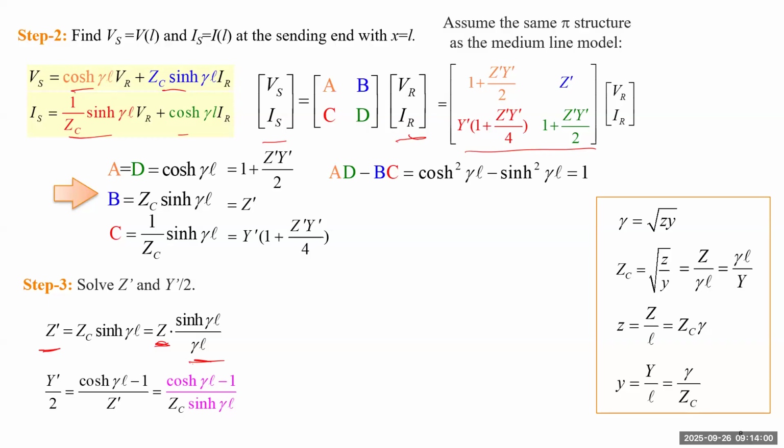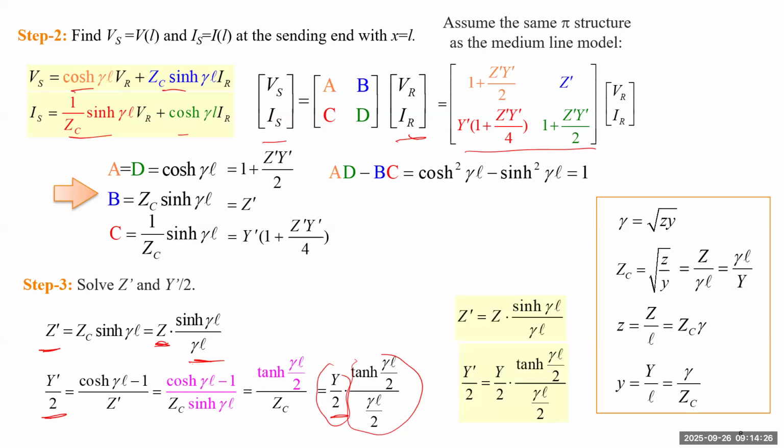And half Y prime can also be considered as half of the actual admittance, if you split the total admittance into two halves, one on each side, multiplied by a factor. So there's a very simple relationship between capital Z, capital Y, and capital Z prime, capital Y prime. This is what we concluded at the end of the Wednesday lecture.